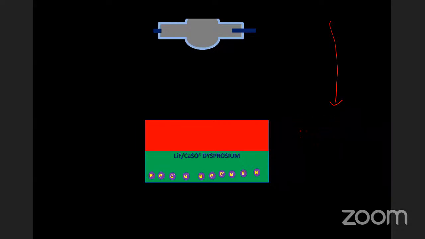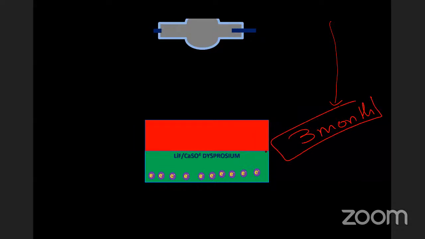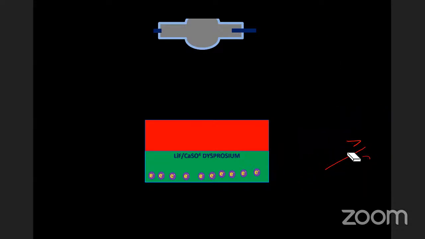They have their subunits in multiple places like Chennai, Bombay and others, and they will send us the TLD badge every 3 months. Every TLD badge is used for 3 months continuously whenever you are working in the radiology department, then sent back to the centers, and they replace it with a new one, which is again used for 3 months. So every 3 months you measure how much the exposure is.